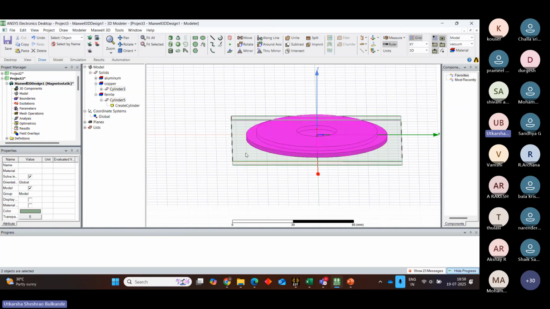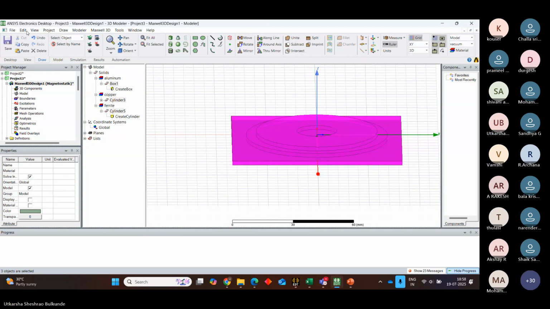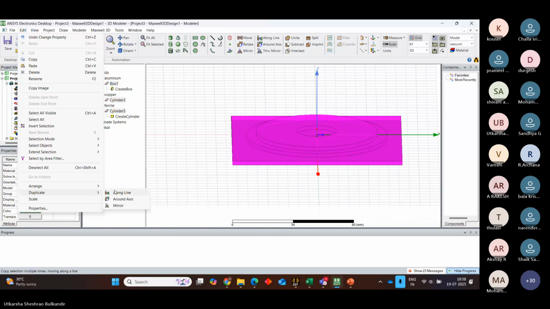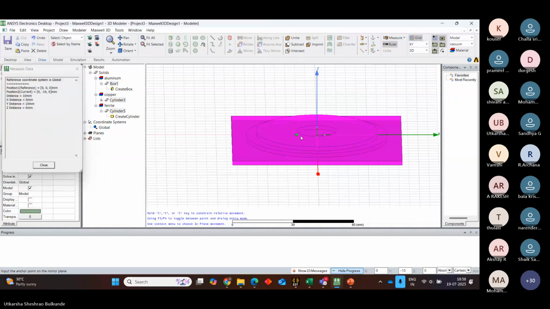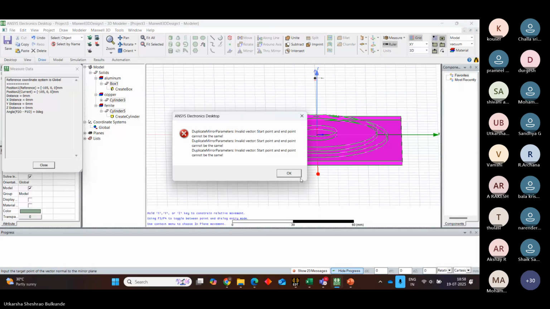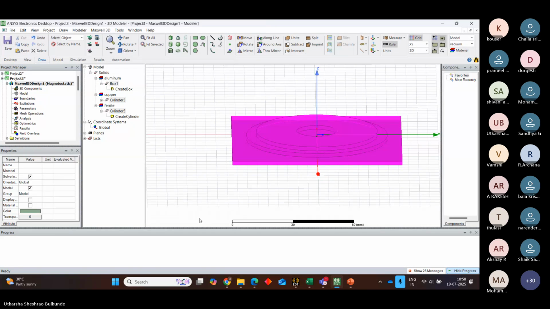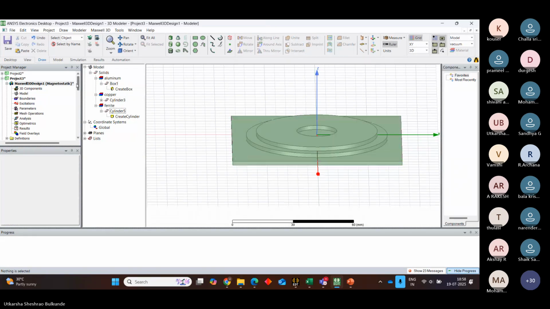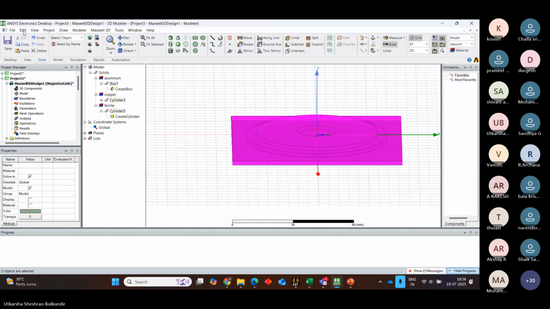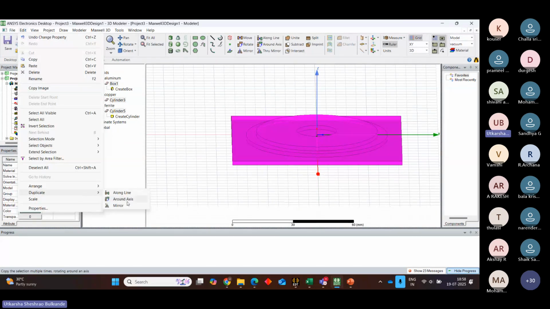So let's use duplicate here. Okay. Edit, duplicate, mirror.